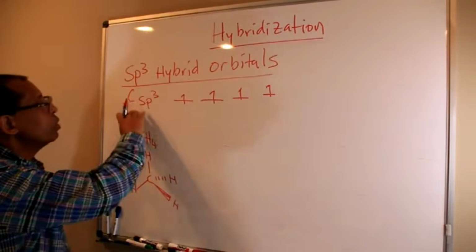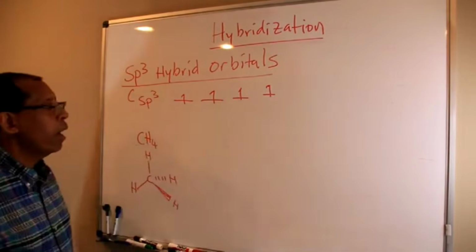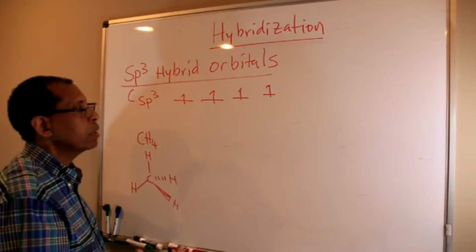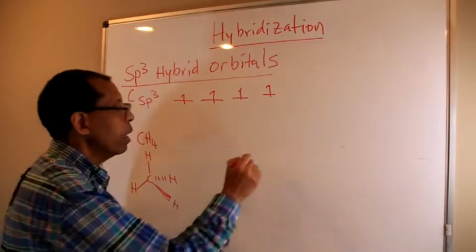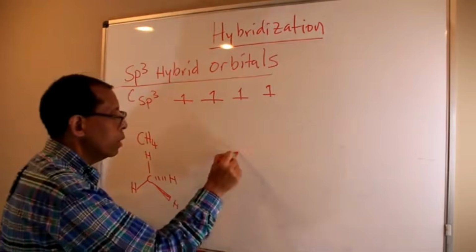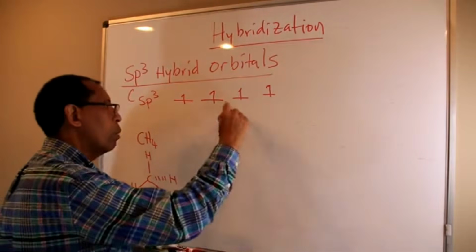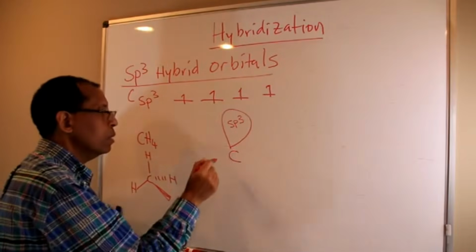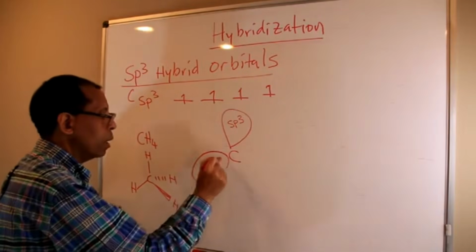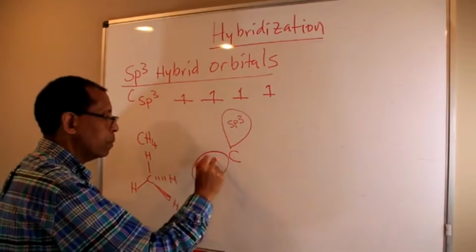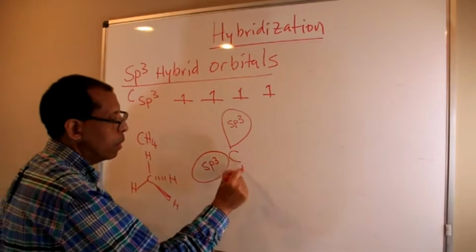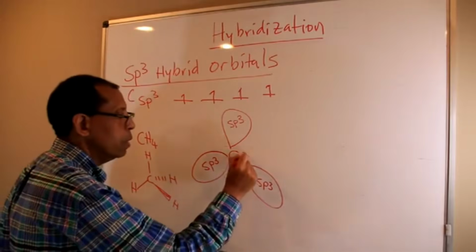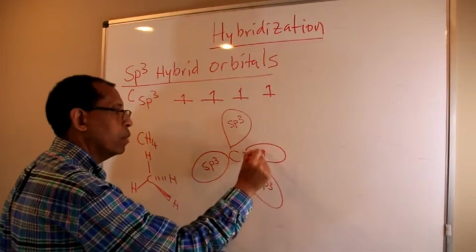So let me draw the sp3 hybrid orbitals. They are made of 1s and 3 of the p, and their shape looks like this. The lobes are like this, one of the sp3, another sp3, another sp3, and another sp3.